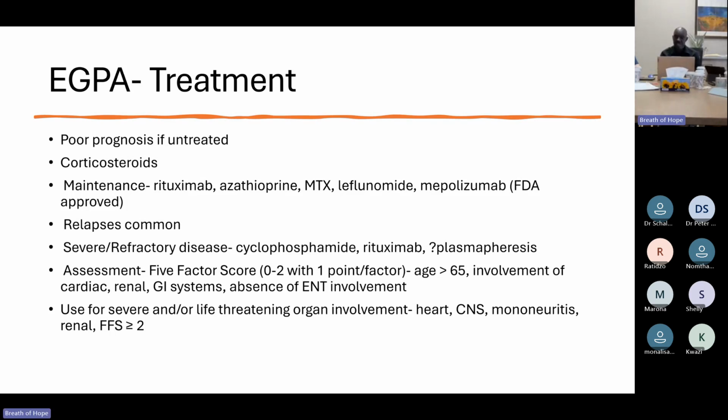For assessment, of course, you look at the five-factor score, 0 to 2, with 1 point per factor: age more than 65, involvement of cardiac, renal, GIT system, and absence of ENT involvement. Use for severe or life-threatening organ involvement: heart, CNS, mononeuritis, and renal. So basically, you have your game changer for treatment. You want to see whether it's organ limited or systemic.